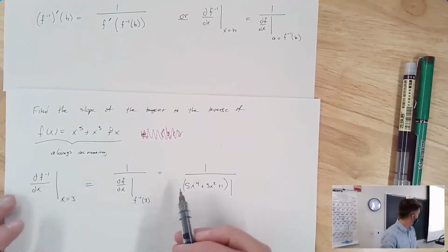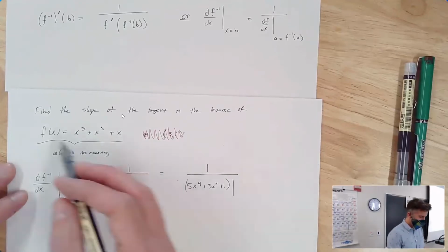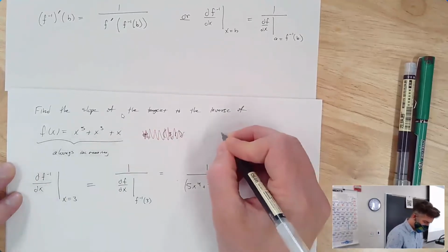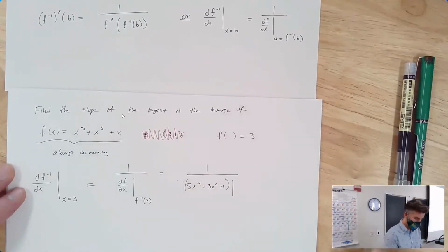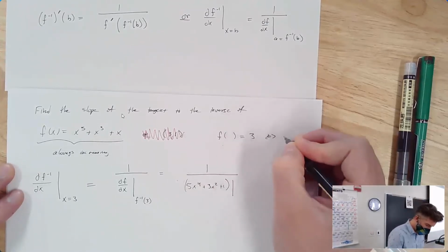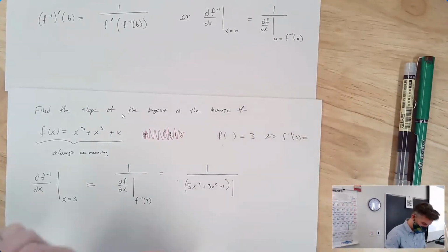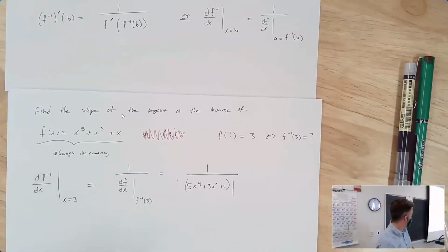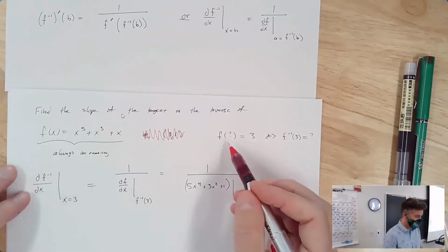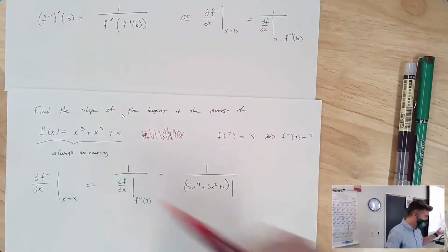So a lot of the times they want you to actually guess what f inverse of 3 is. So here's the idea. f of something has to equal 3 is equivalent to f inverse of 3 equals that something. So the point is you have to kind of guess: what can you plug into this function and get 3? 1, right?